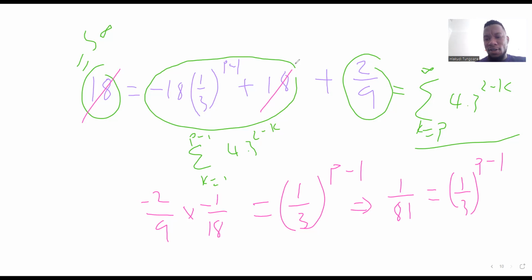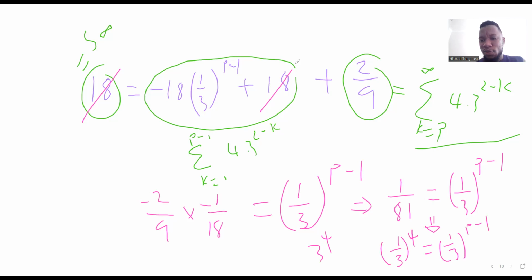Remember, 3 to the power of 4 equals 81, right? So to solve for this, 1 over 81 is the same as 1 over 3 to the power of 4, which equals 1 over 3 to the p minus 1, right?